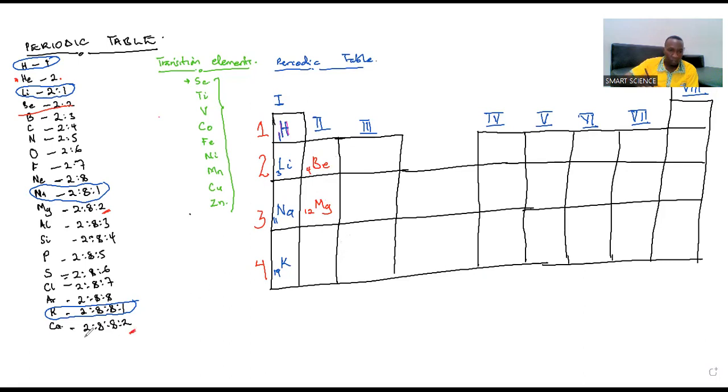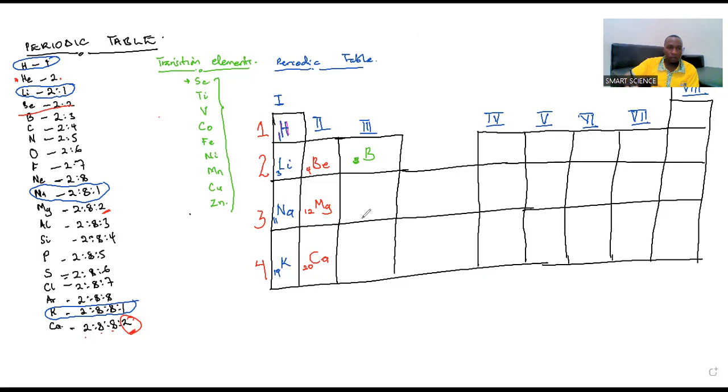Then we meet calcium, 1, 2, 3, 4 shells, which makes calcium belong to period 4, and the fact that it has 2 outermost electrons makes calcium fall under group 2. We are going to place those of group 3, beginning with boron, which has atomic number 5.